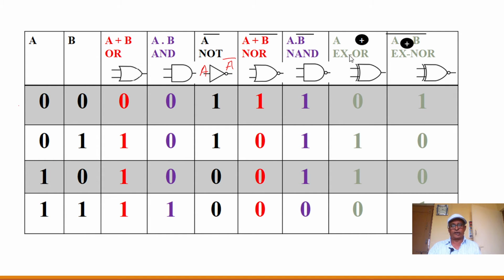Then if we consider the XOR gate, so XOR gate we may compare with the OR gate. Now here if we consider OR gate, the output is 0 1 1 1.